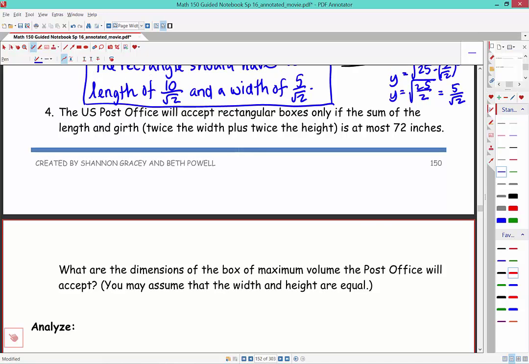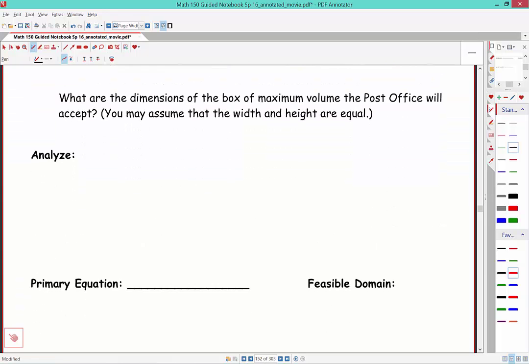So here we go. Let's make a picture of this. So we have a rectangular box, and the width and the height are equal.